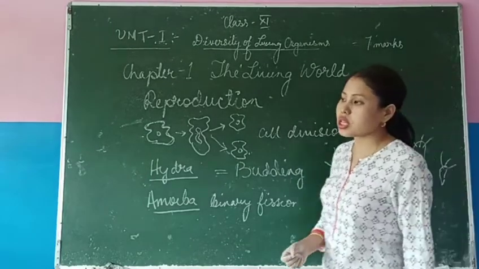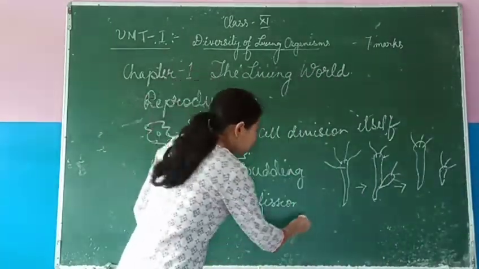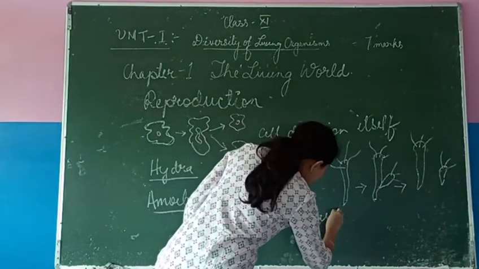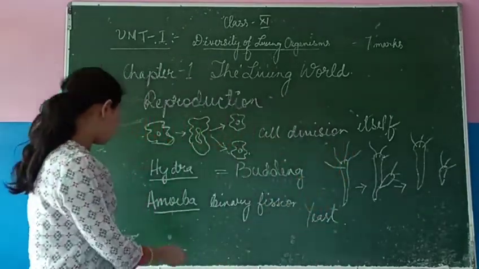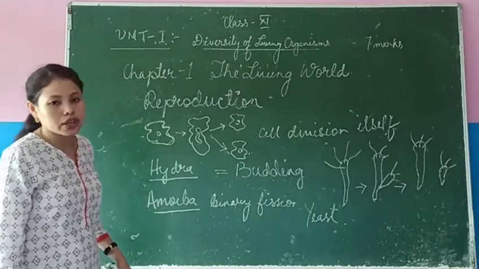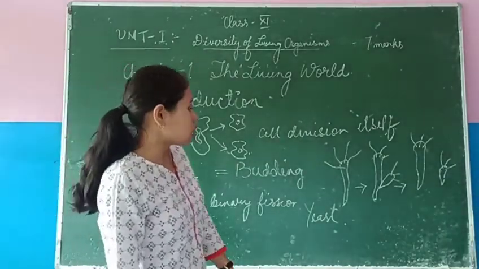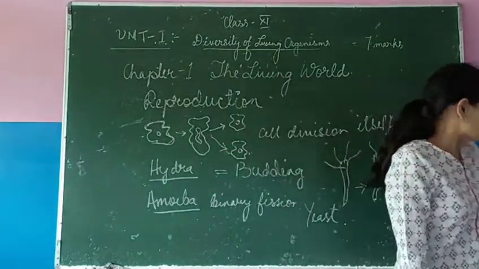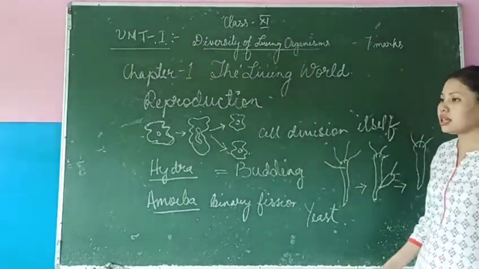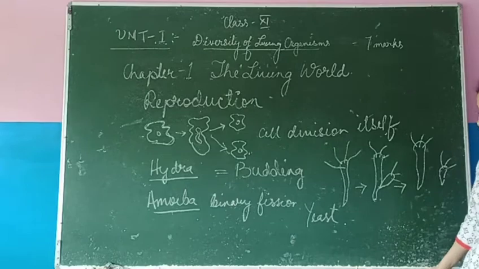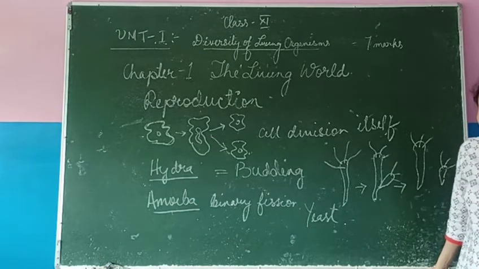Budding is also seen in the very common fungi called yeast, which is one of the important microorganisms involved in alcohol formation. We also use yeast in certain preparations of bakery products, right?